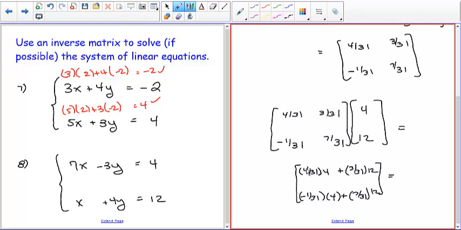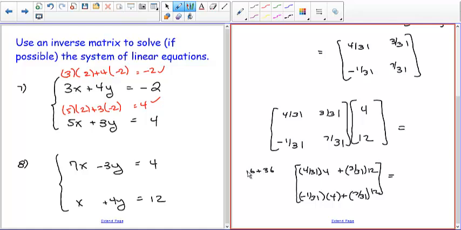So you'll have 4 times 4, which is 16, plus 3 times 12, so that's 36, plus 16, which is 48. Is that right? No, that's 36 plus 16. That's 52. What are we doing here? 4 times 4 is 16. 3 times 12 is 36.